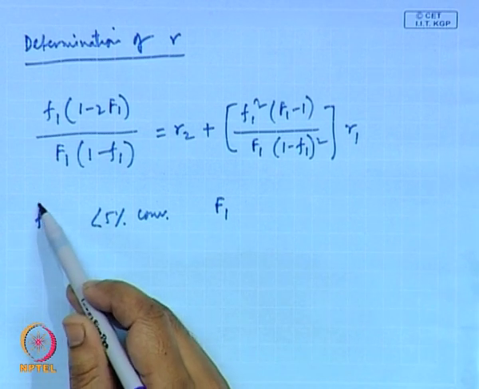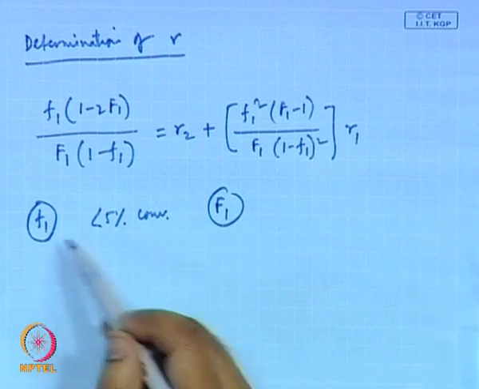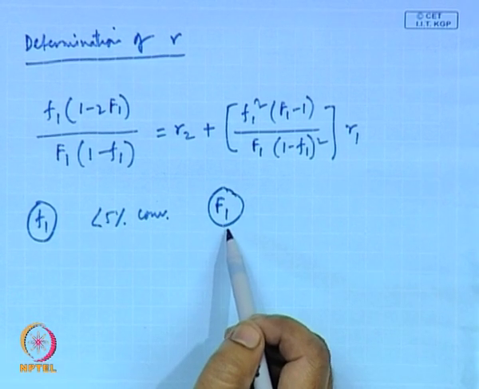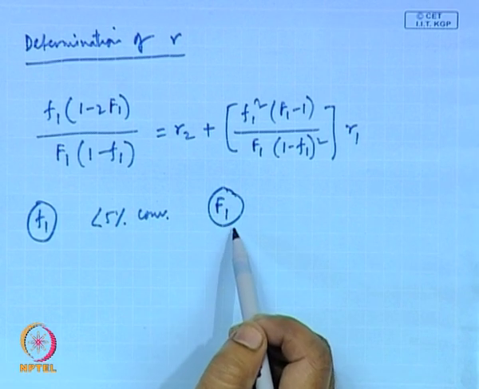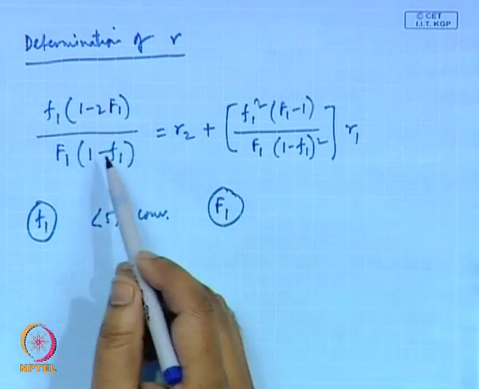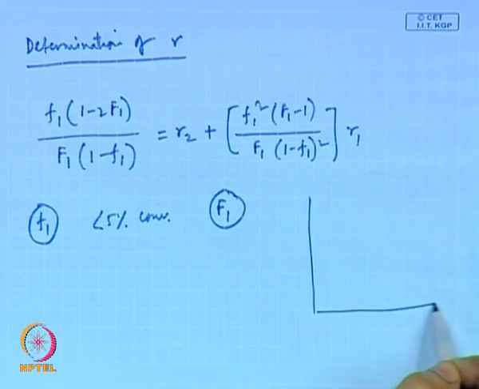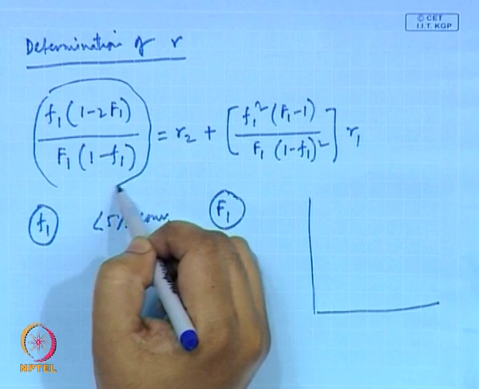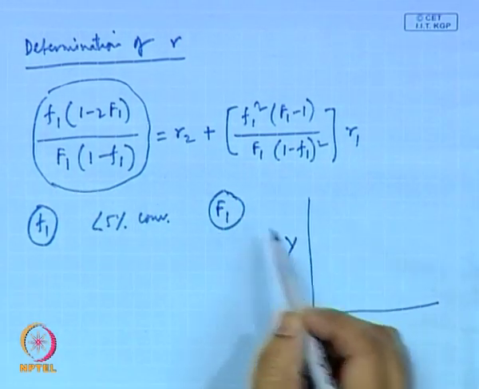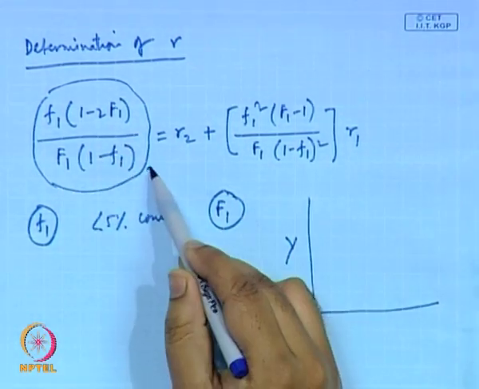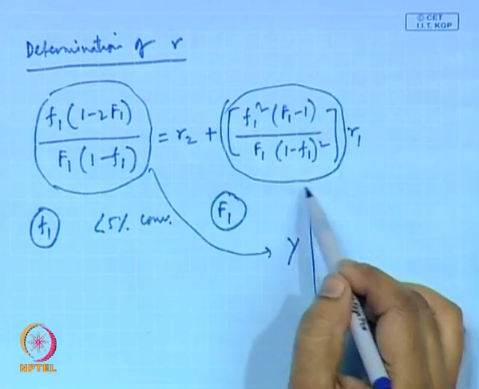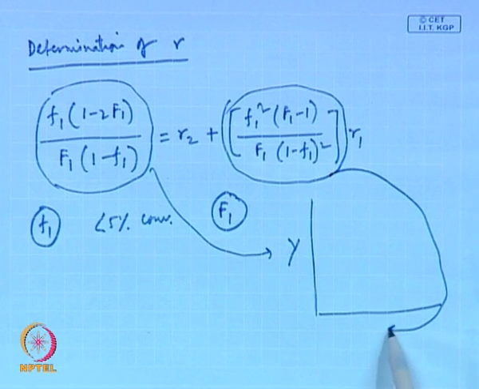So, what you have now, for different sets of f1, are the values of capital F1. So, you make a plot where you put this on the y axis and this on the x axis.